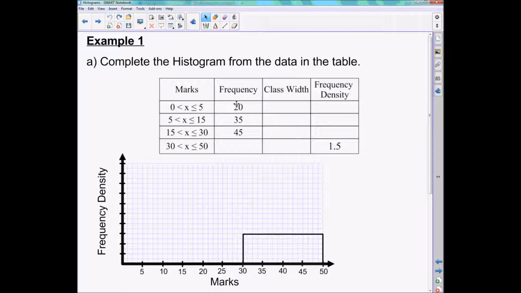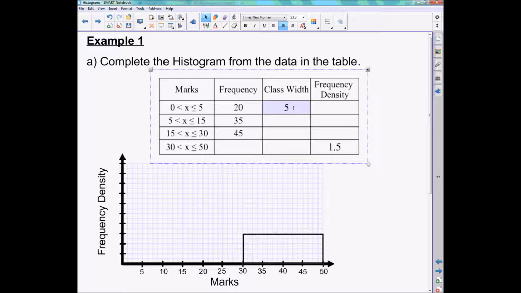We do that by doing the frequency divided by the class width. The class width is literally just how big these classes, these groups are. So the class width of this first row is just how big this gap is, and this gap is just 5. So I'm going to put a class width of 5 in for the first row.